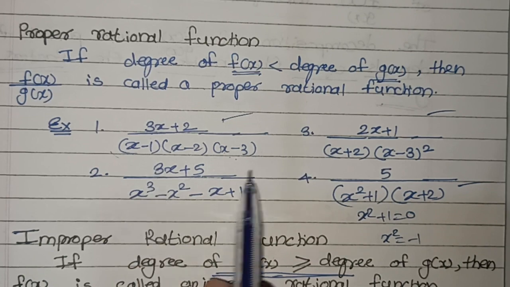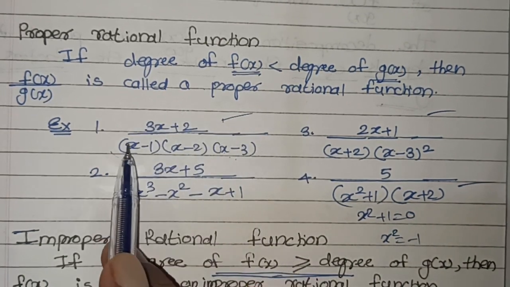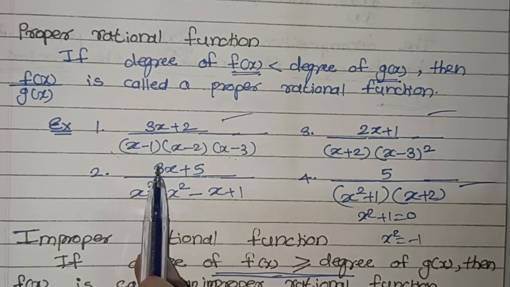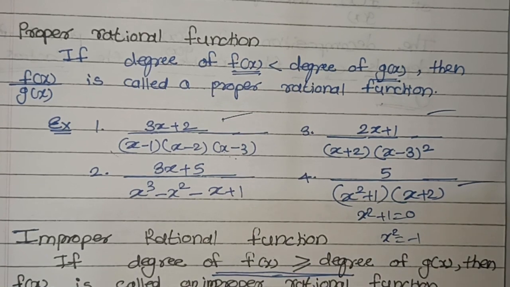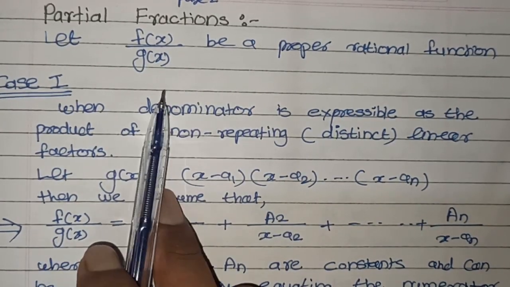So let's start with the first one, how we convert that proper rational function into partial fractions.